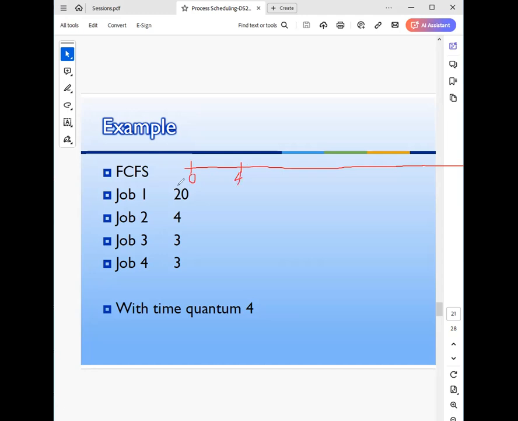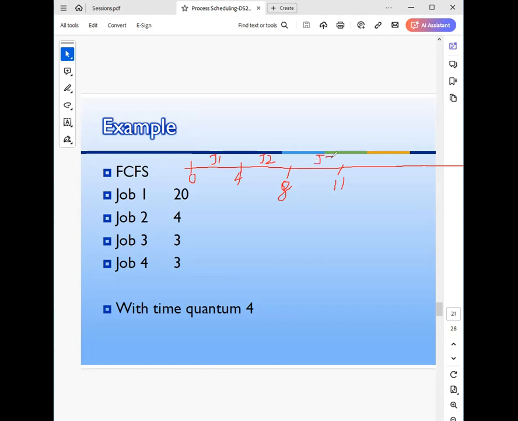Job 1 came first, so J1 is given the CPU time. Then after 4 milliseconds, the next slot, up to 8 milliseconds, is given to the next job. Job 2 needs 4 milliseconds, so job 2 runs, using the first come first served order. Then the next one, job 3, needs only 3 milliseconds, so there is no need for 4, and it will finish.